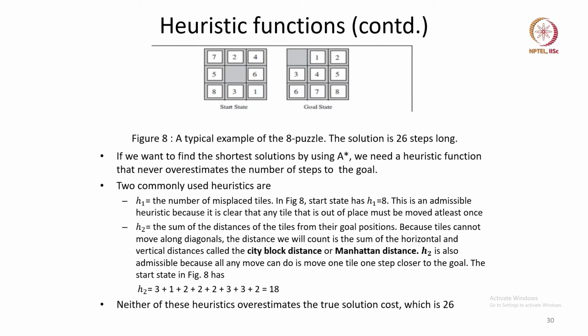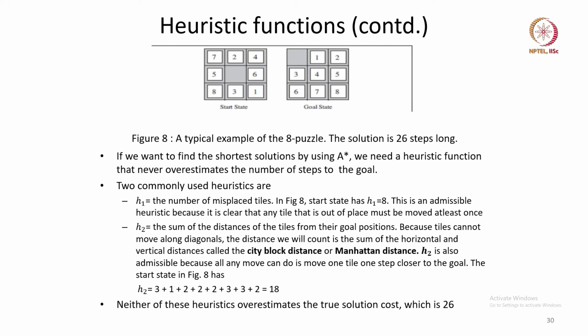Now the second heuristic that you can basically use is by how much is it misplaced? In other words, how many spaces should you move to come to the actual position. Okay, and since you are not able to move in a diagonal way, we only consider either up and down or left and right.